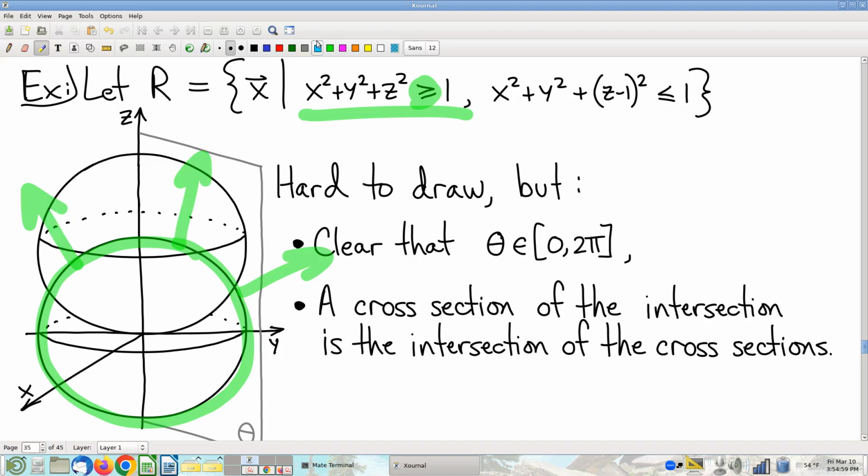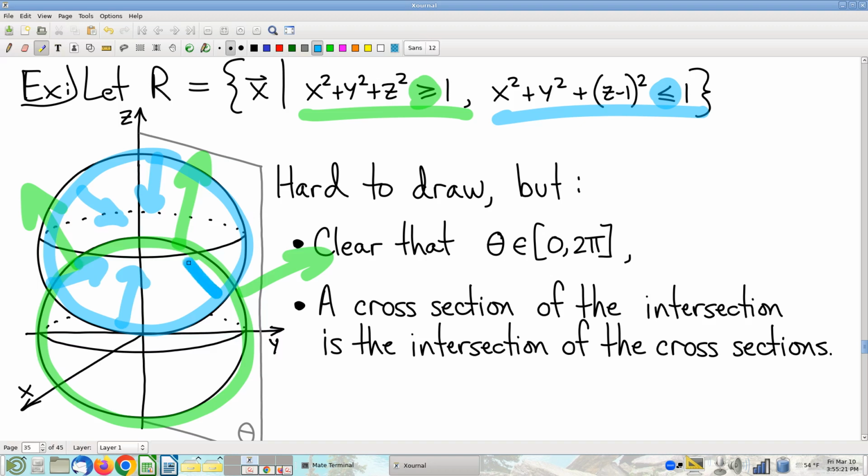On the other hand, this, you'll recognize, again relates to a sphere, but this time, less than or equal to means that I want points that are inside of whatever sphere that is, which is this. So inside of the blue sphere, outside of the green sphere, and you got to think it through.